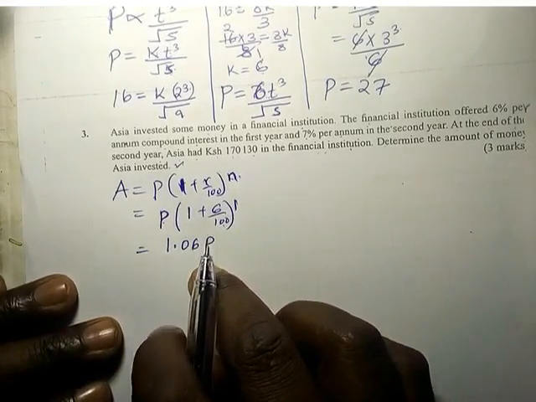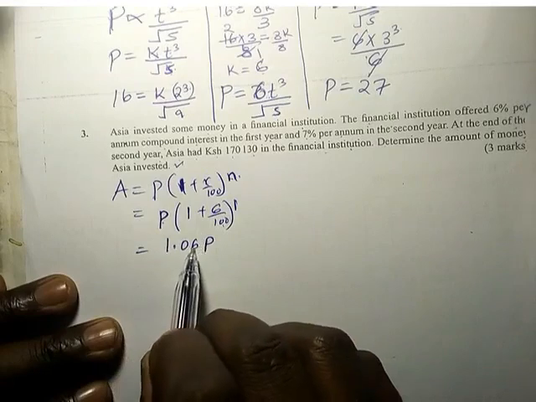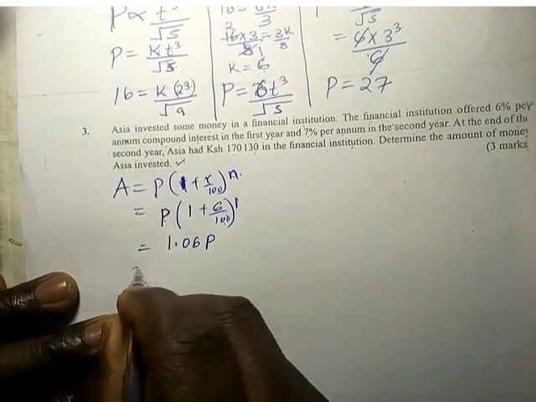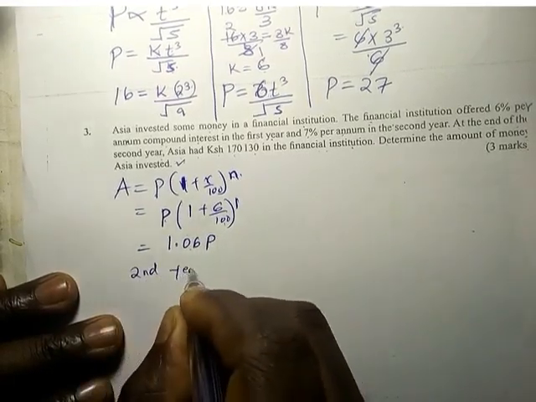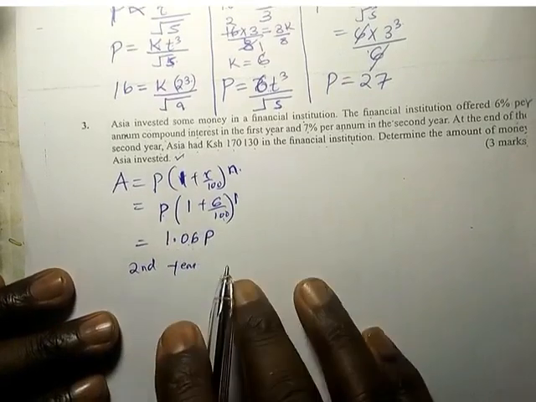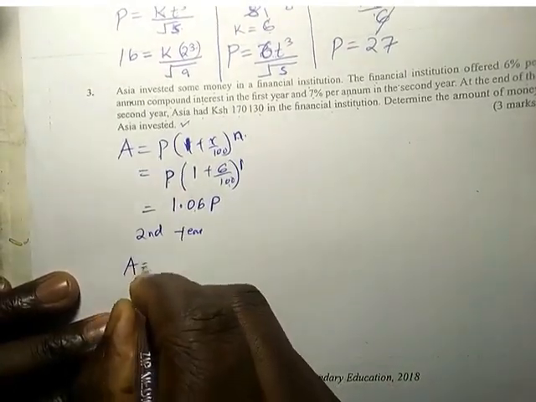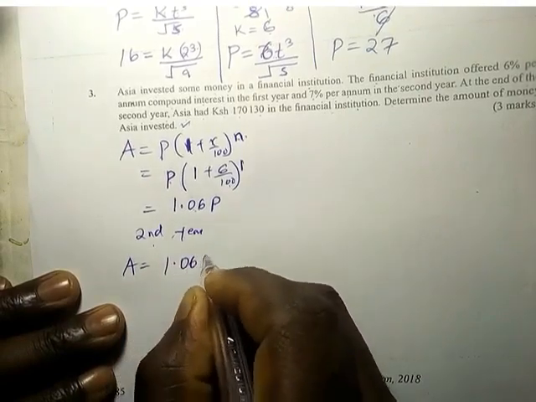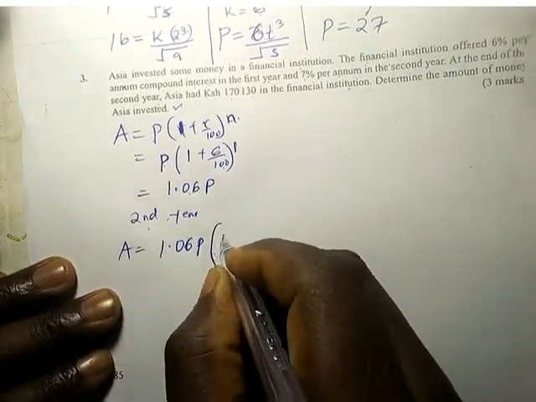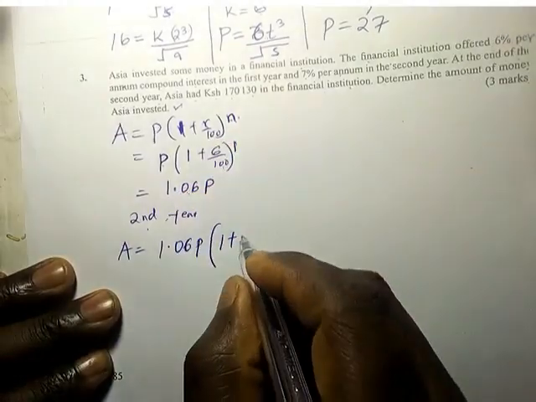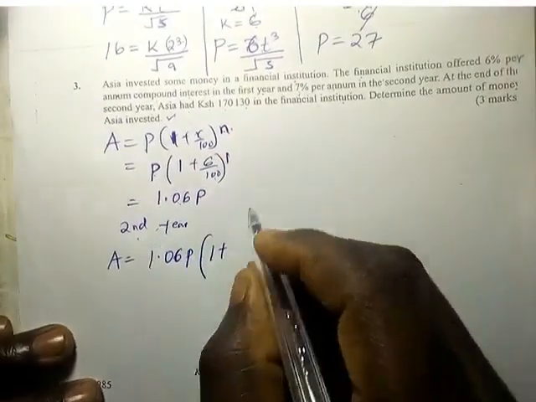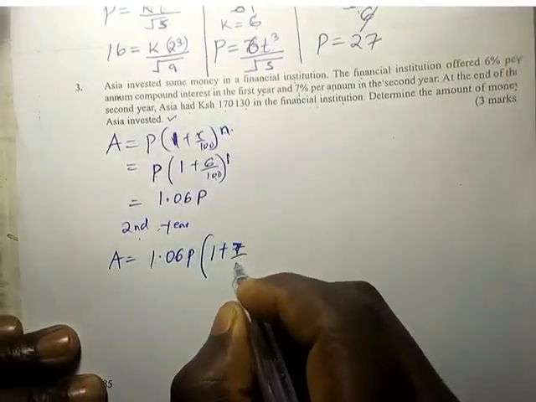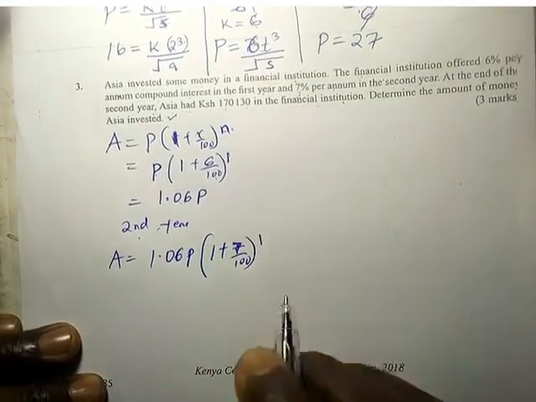Now this is going to be the principal for the second year. So the amount for the second year is the principal, 1.06p, into 1 plus r, where r is 7 over 100, raised to power 1.